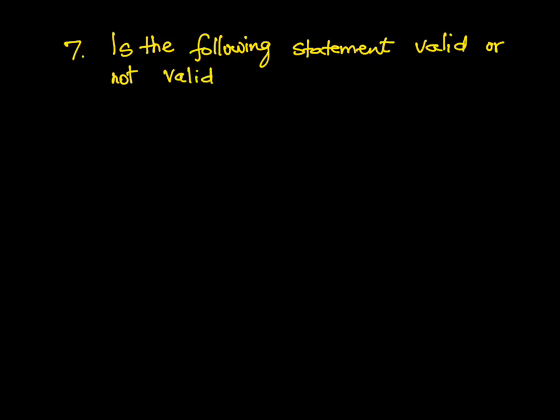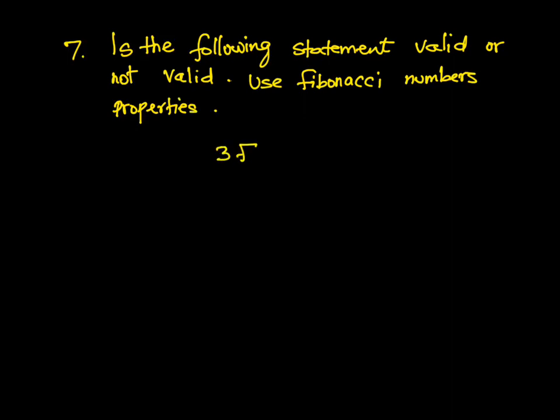So you have to verify if the statement is valid or not valid using the Fibonacci number sequence, which is 3 f_n minus f_(n-2) is equal to f_(n+2), where n is greater than or equal to 3. All right.